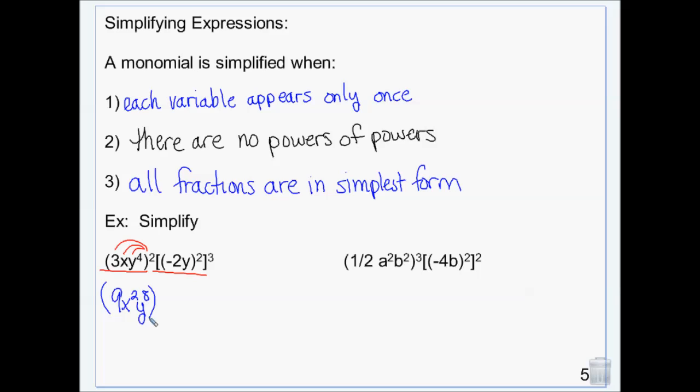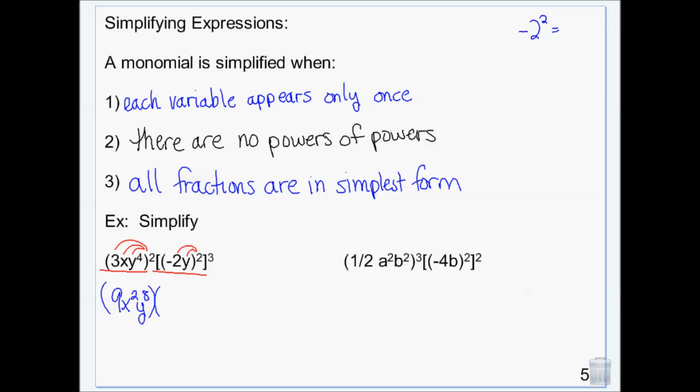Now this is a power and then another power, so I'm going to have to do 2 things to this second part. First I'm going to distribute in this 2. And that's going to give me -2 squared. That's -2 times -2. If the negative is inside the parenthesis, it is also being squared.